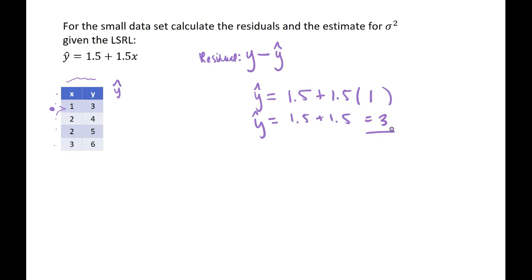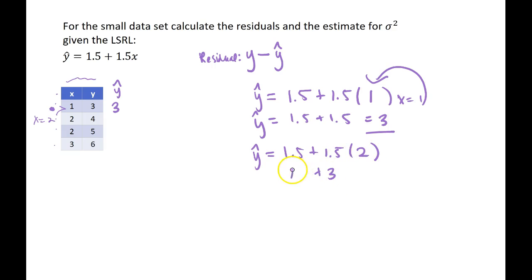So when x is equal to 1, our predicted value is equal to 3. For the next observation, we do y hat equals 1.5 plus 1.5 times 2. So when x is equal to 2, what is the predicted value of y? It is 1.5 times 2, which is 3, plus 1.5. So y hat is equal to 4.5 when x is equal to 2.